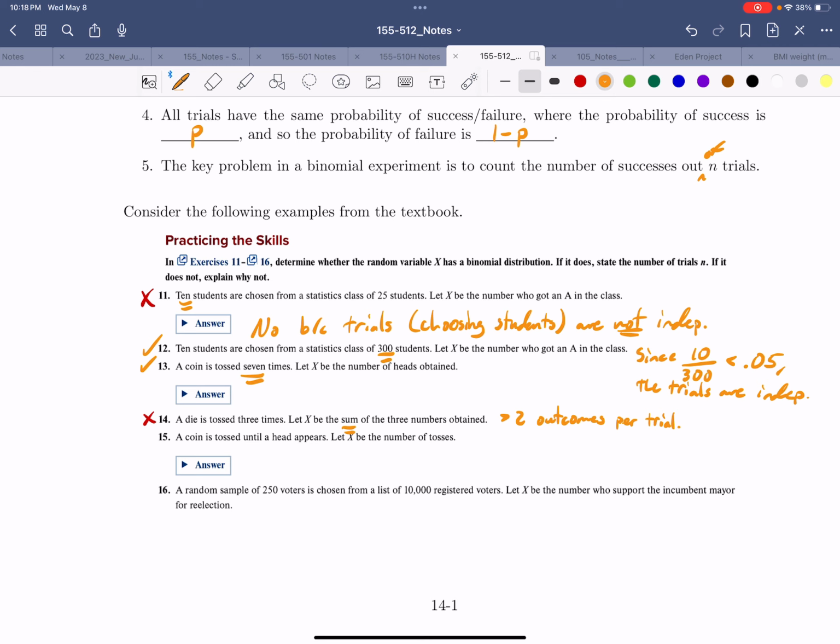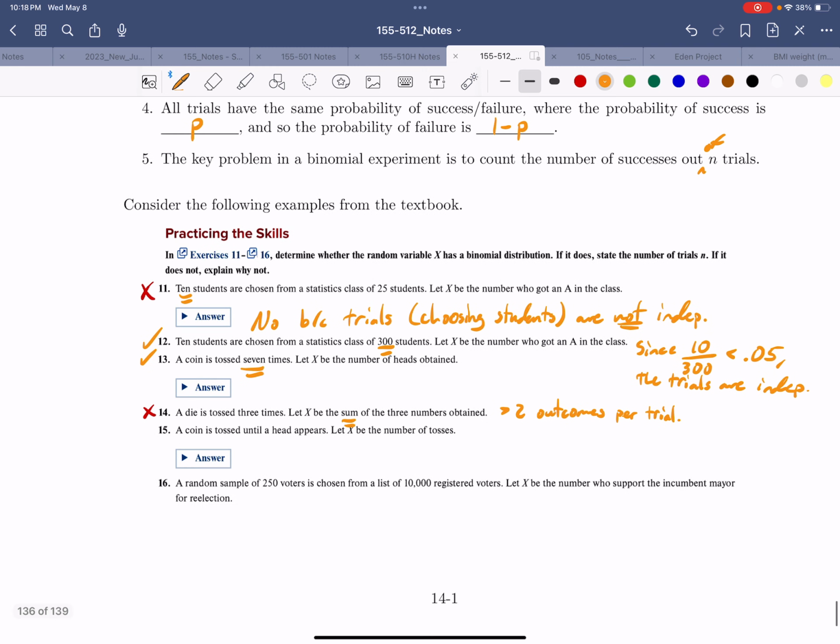Let's see. A coin is tossed until a head appears. No for this one as well, because the number of trials is not fixed. This is actually called the negative binomial distribution.